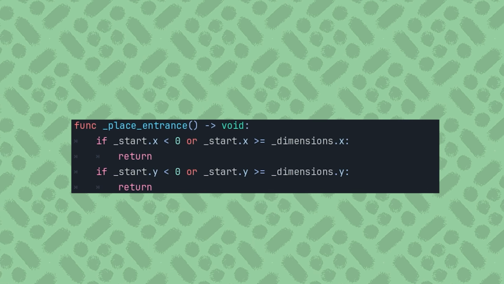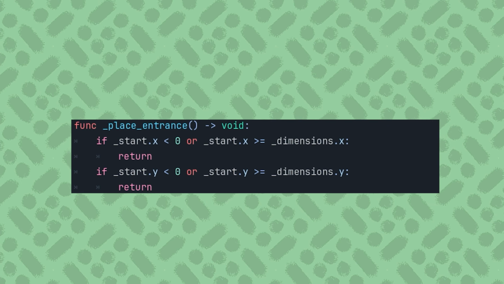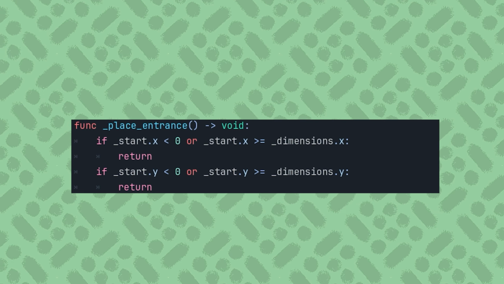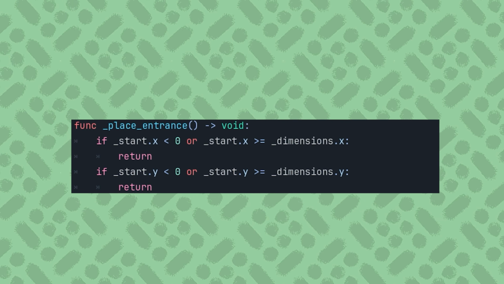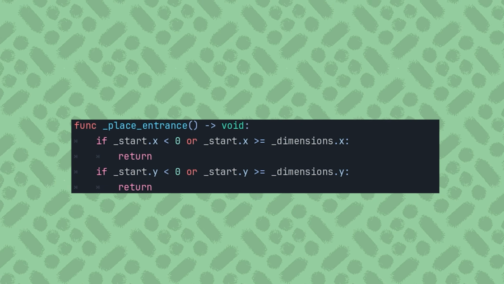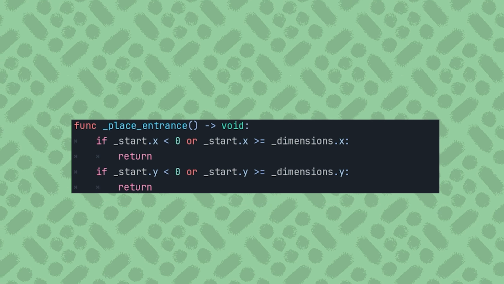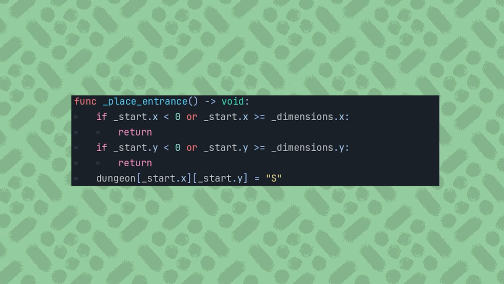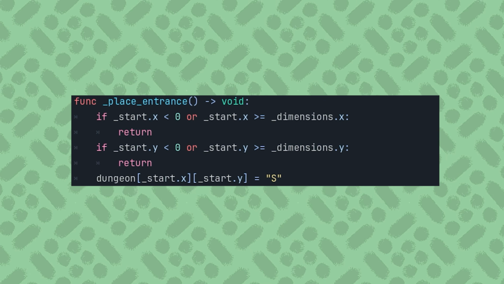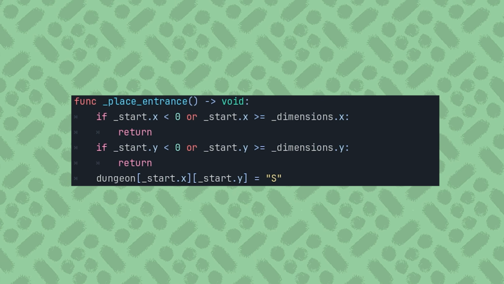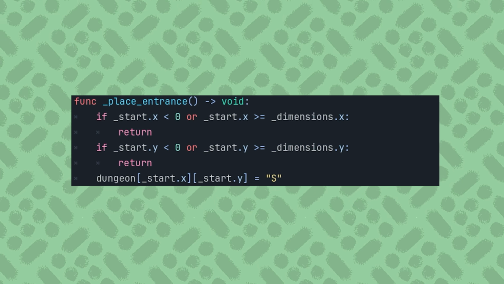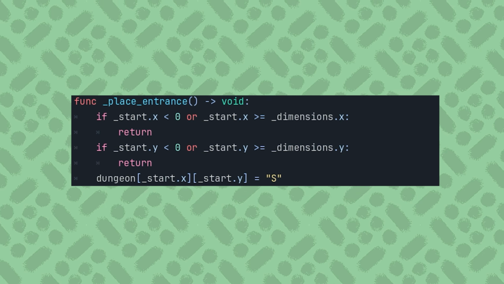Before using this as an array index, we'll need to check if it's valid or not first. To use these numbers as array indices, they must be greater than or equal to 0 and less than the dimensions. If the indices are valid, then we can use these to index the dungeon array and change the value at that location to something like S for start.